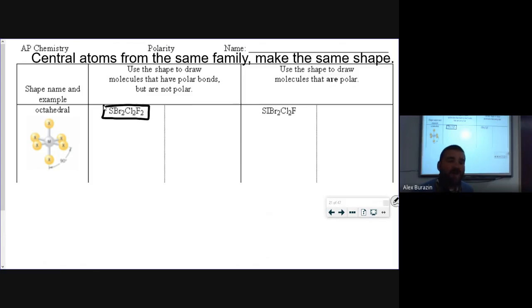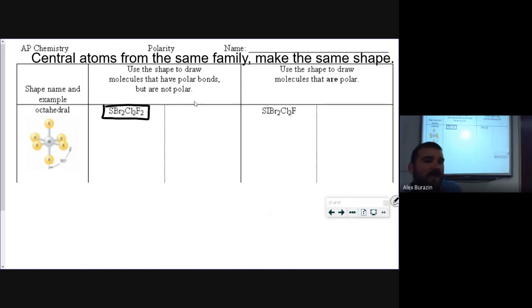So a sulfur in the middle with 2 bromines, 2 chlorines, and 2 fluorines around it, all right? I'm not gonna make us do the Lewis diagram. I'm not gonna make us figure out the geometry because I'm giving that to you. I want to look at something else related to this topic. So this is an octahedral shape. You can kind of see that I have that little picture put in right over here.